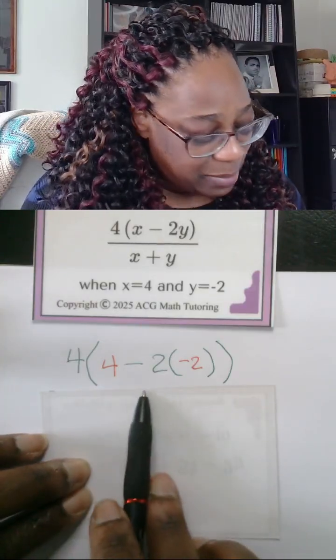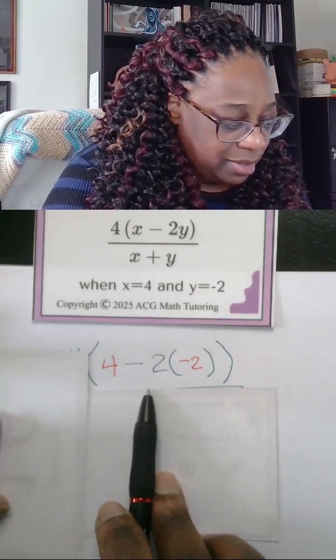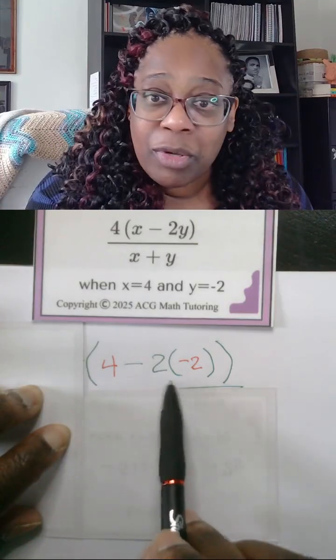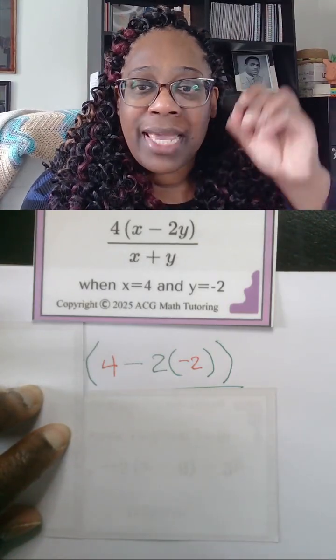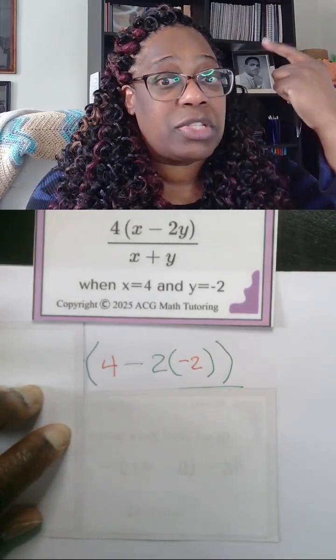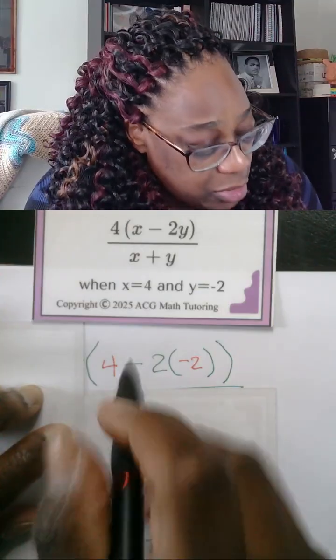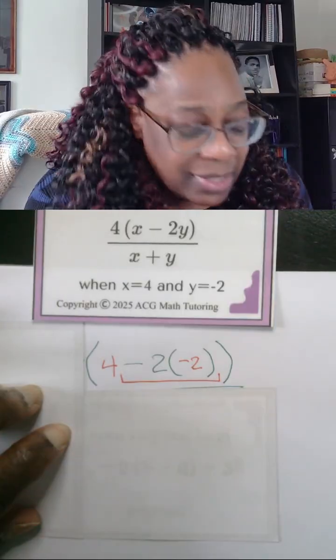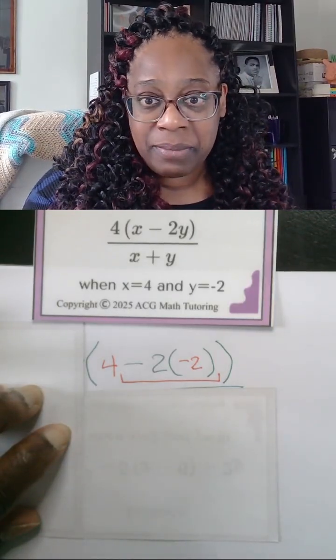But inside this parenthesis, let me cover up like this. Inside this parenthesis, we have multiplication. Multiplication always comes before addition or subtraction. Okay? So that means we have this -2 times a -2.